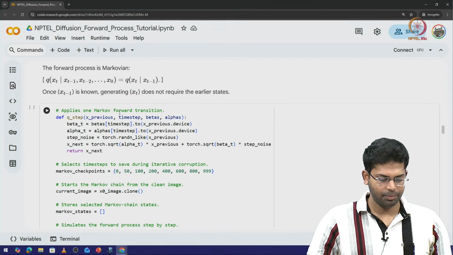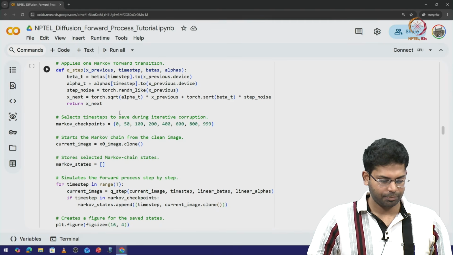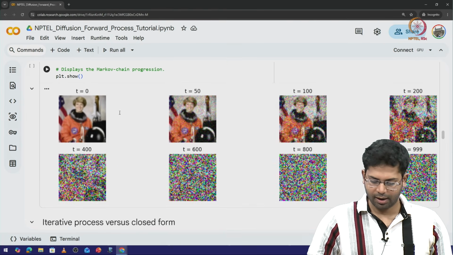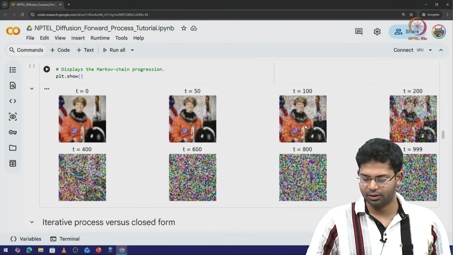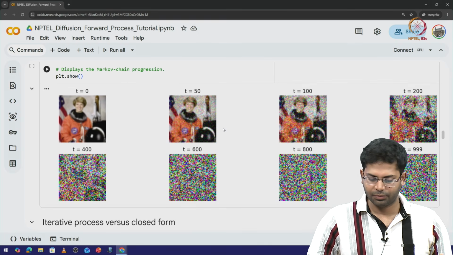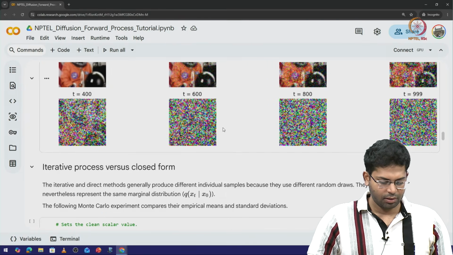So, let us implement the Markov forward transitions using the beta t and alpha t formulations that we already showed, and here is a visualization of the Markov process. You start with t equal to 0 and go to t equal to 999, and you can see that it is similar to what our forward diffusion process is supposed to give. Similarly, this image slowly gets converted to Gaussian noise.